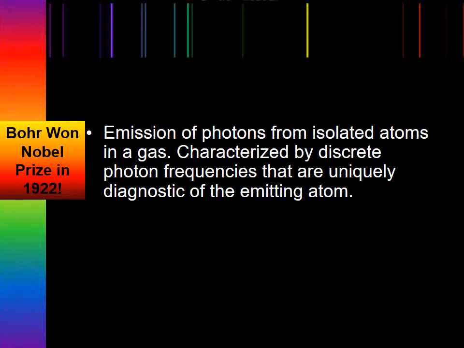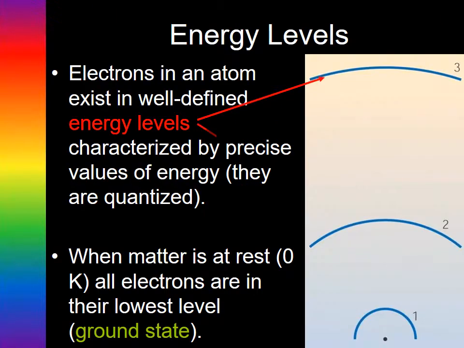Well, the answer to that is in the structure of the atom, specifically the energy levels of the electron. Electrons in an atom exist in well-defined energy levels that are characterized by precise values of energy. That is, they're quantized. An electron can have specific amounts of energy. Think of it like a ladder.